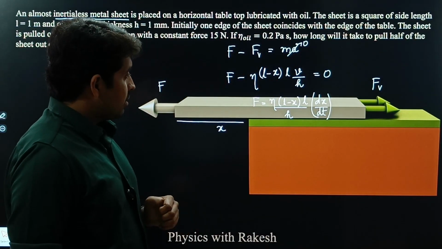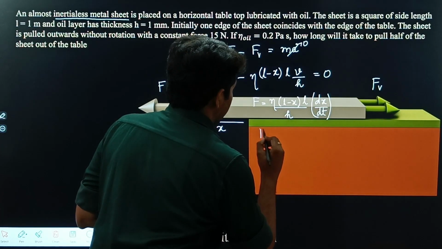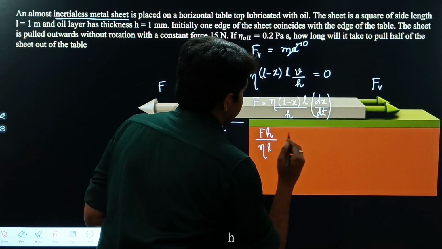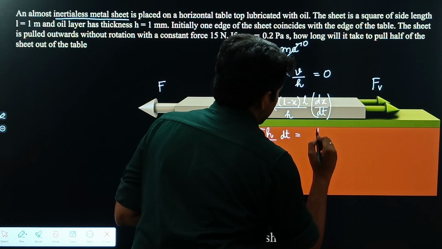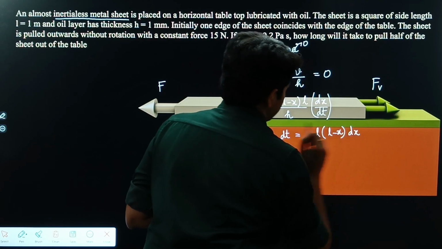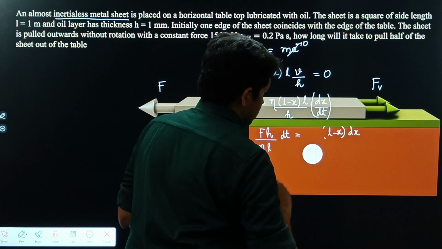Now we can put in the limits. F h by eta L into dt equal to L minus x into dx.